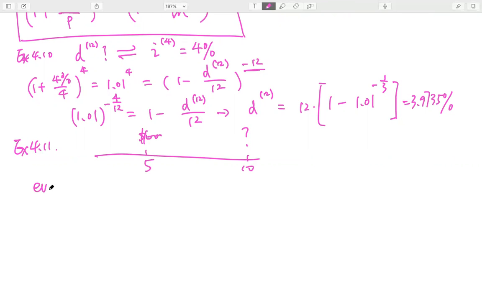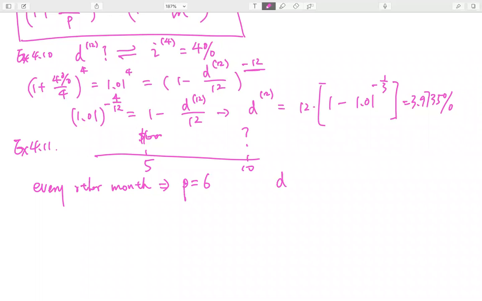So every other month means the compounding frequency is 6, right? We don't do monthly compounding, right? It's every other month. So every 2 months, you do it once. There are 12 months in a year, so the frequency is actually 6.